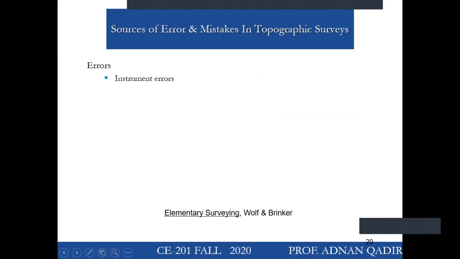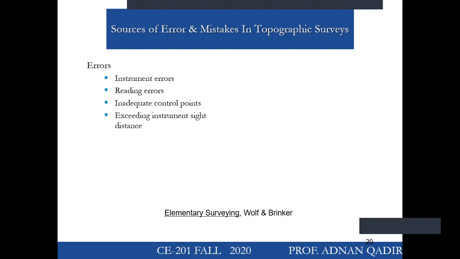So what are the sources of error? It can be instrumental errors. The instrument may not be very well calibrated. Maybe someone has not used the readings accurately. Maybe there are inadequate control points. Maybe the instrument cannot reach beyond its limited sight distance, because the distance is too far away.